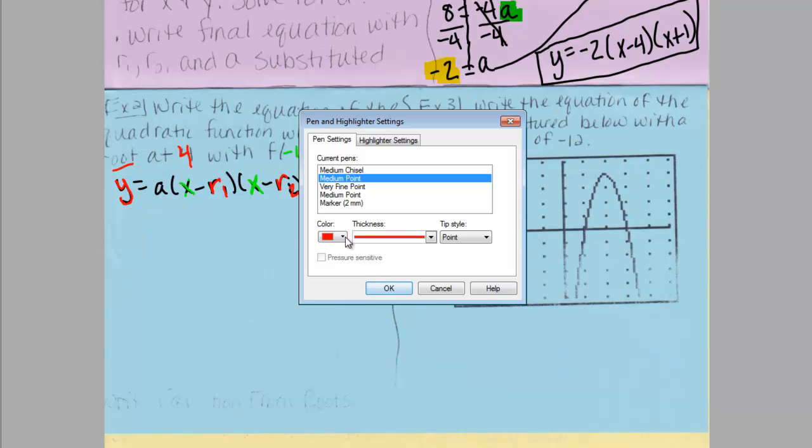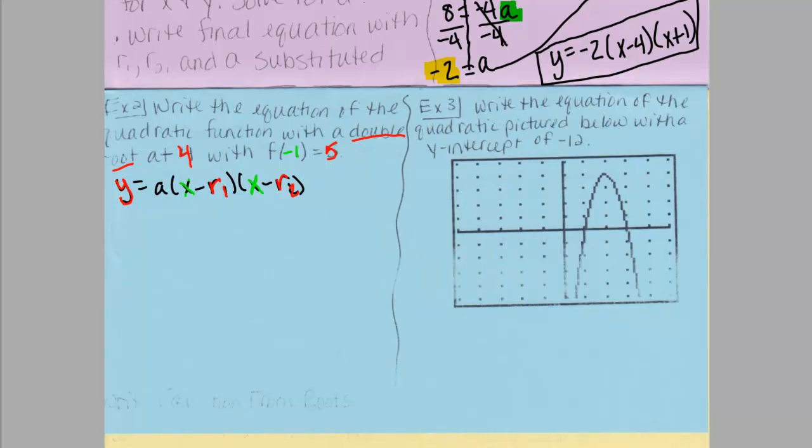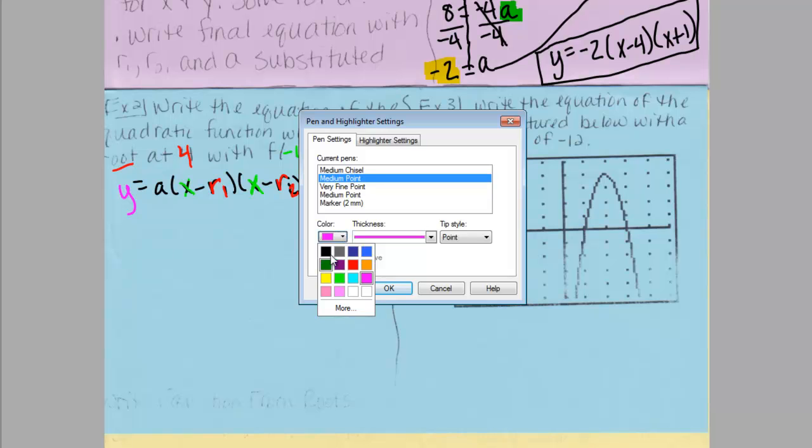And I just realized that I chose red for both Y and R1 and R2. So let me fix that for you. We will make Y pink. And so this one would be pink. Okay, now you can see where everything comes from. I apologize for that confusion.